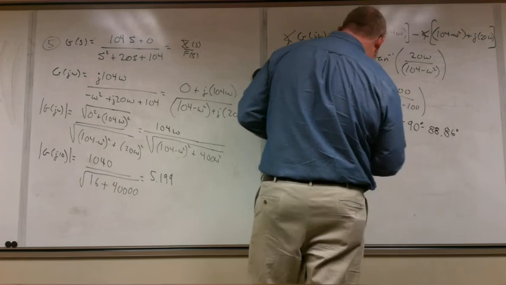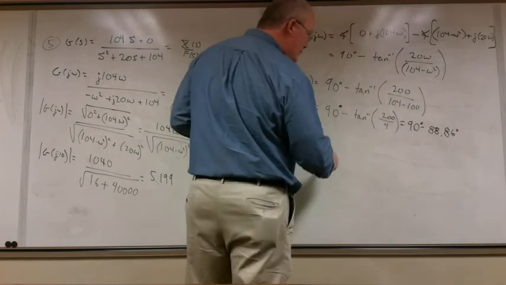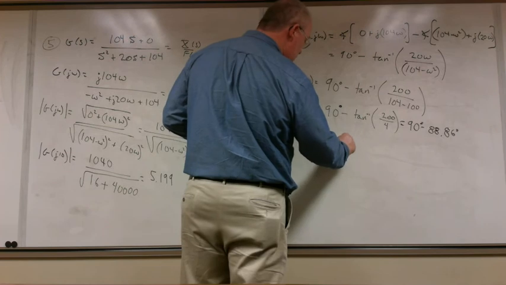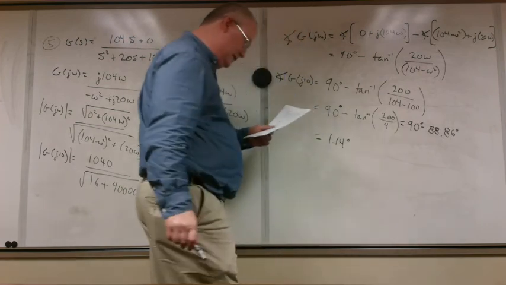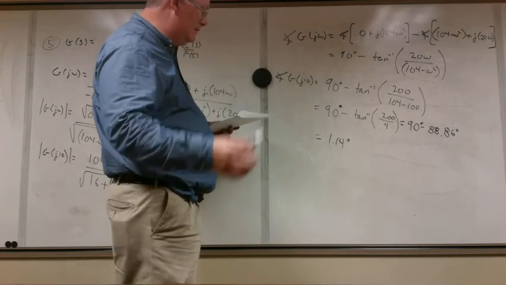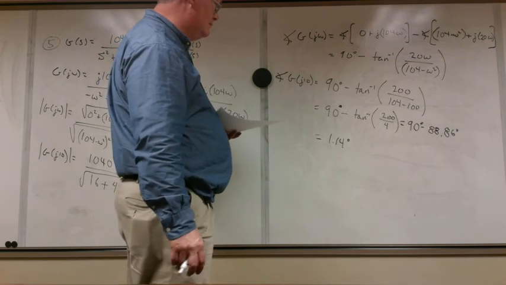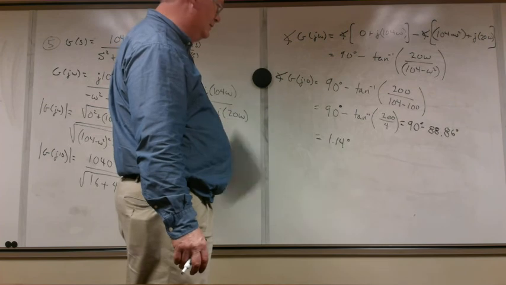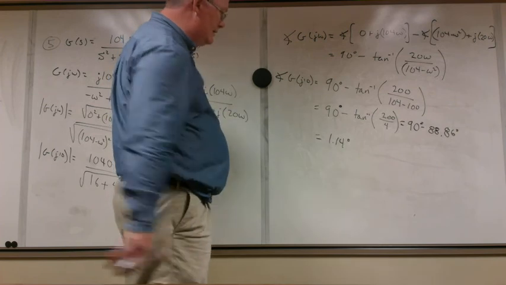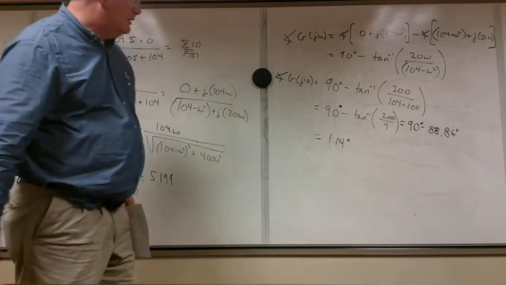So our phase angle should be 1.14 degrees. Did I get that right? 1.146. Okay, so I did some round off someplace on one of those problems. Roughly speaking, a little over 1 degree of phase angle.